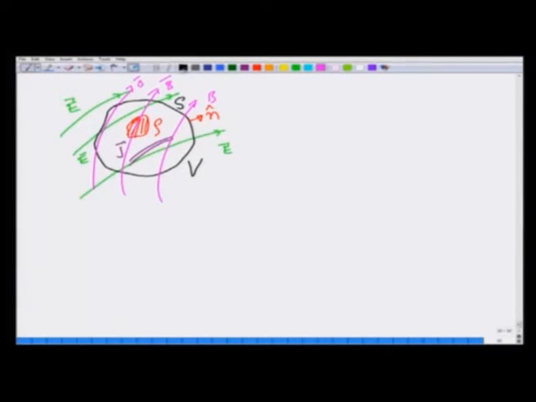I will make this volume a little thicker, so that you see the walls clearly. What I want to know now is how much energy is being pumped in by these fields into this volume, or how much energy is being taken away.